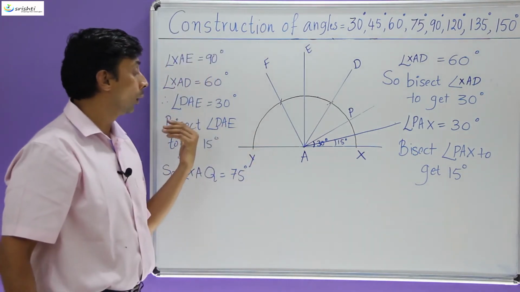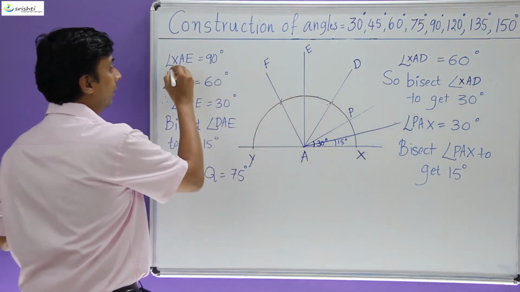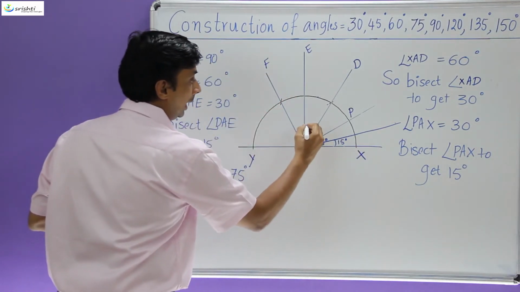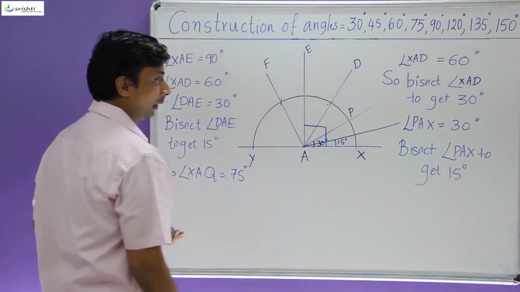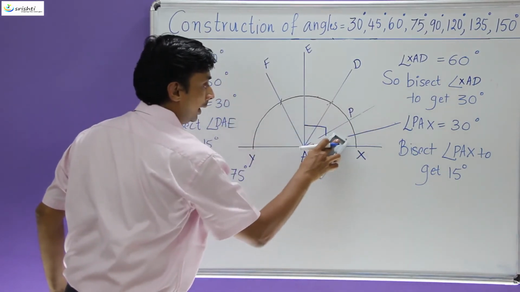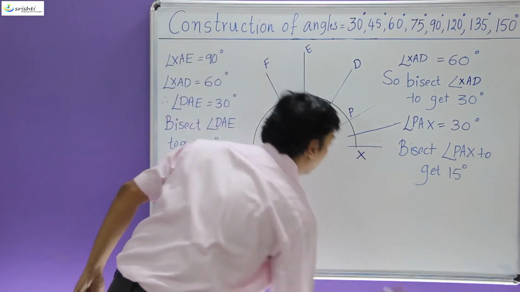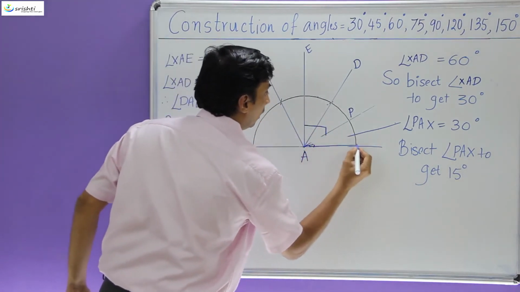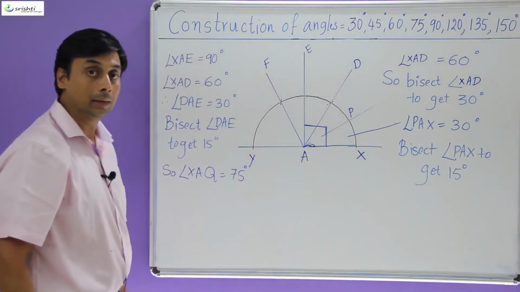So now let's see how to construct a 75-degree angle. We know that angle XAE is 90 degrees. So this complete angle over here is a right angle. Let me just erase what we just wrote for 15 degrees so that it gets even clearer. So we know that this complete angle, angle XAE, is a right angle.